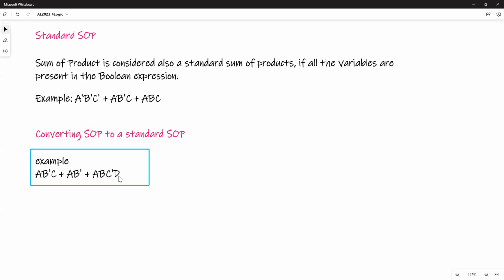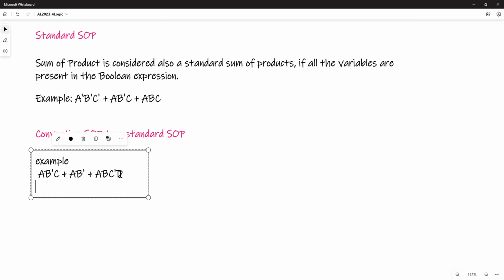Right. Let me propose this. Now, I'm going to focus only on the second term. Right?